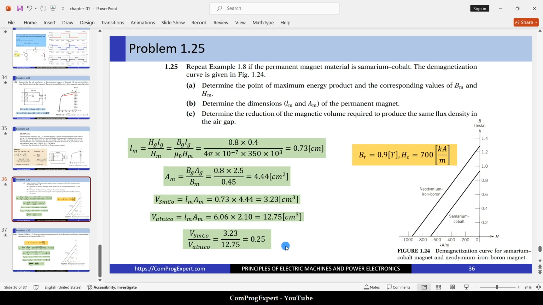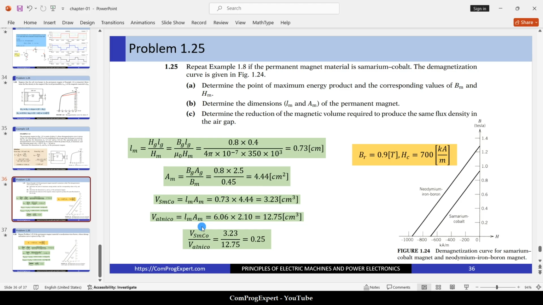Yes, using the samarium cobalt magnet, we can generate the same air gap field using a smaller volume for the magnet. This is important when you design a permanent magnet motor and you have to consider a low volume for the motor, to design a high power density motor, compact design.